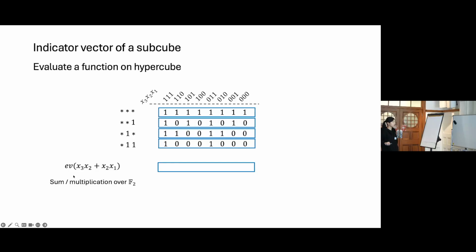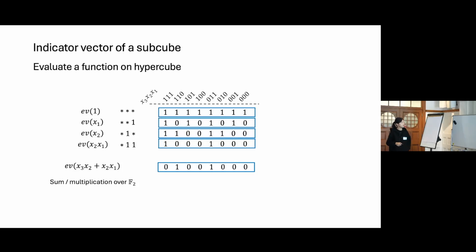So it will be 1 times 1 plus 1 times 1, and in F2, it's just 0. For the next point, 1, 1, 0, we have 1 times 1 plus 1 times 0, so it's 1. Similarly, you can get the evaluation vector of this polynomial.